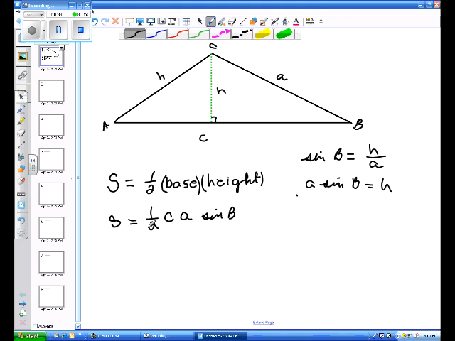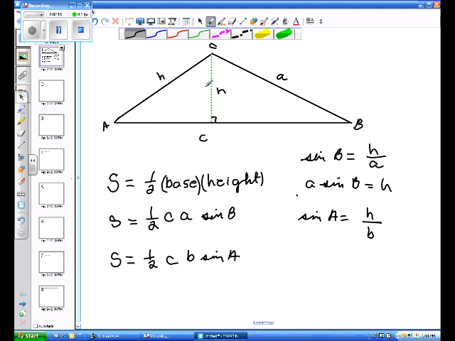So instead of having to find the height, we found the area based upon two sides and the sine of the included angle. If we went to this other triangle, we know that the sine of A would equal h over b, and so we could find that the area was equal to 1/2 the base, which is c, times b sine A, if we solve that for h. Again, we found that the area was equal to the product of the two sides times the sine of the included angle.